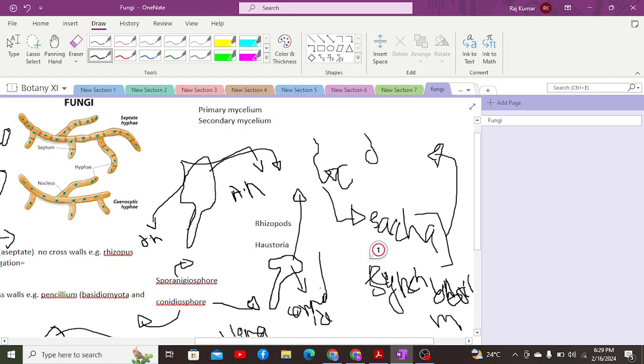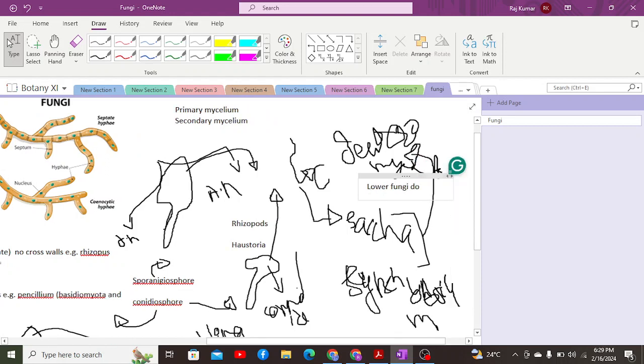So these are lower fungi which do not have mycelium, Deuteromycota.